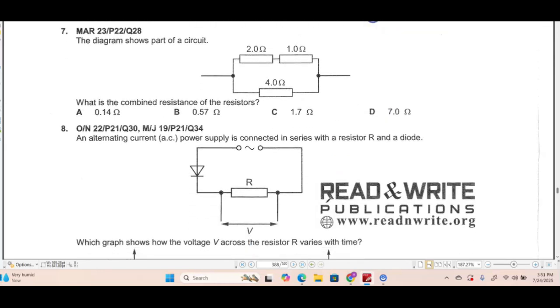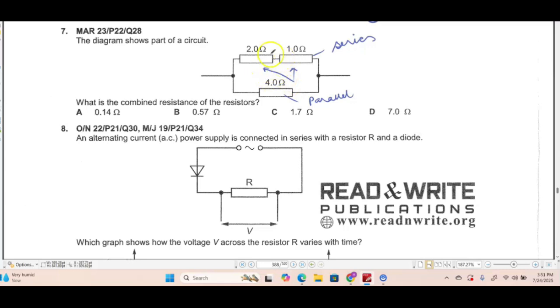Question number 7. The diagram shows part of a circuit. What is the combined resistance of the resistors? Okay, you can see over here that these two resistors are connected in series with each other. And this one is connected parallel to these two. Okay?